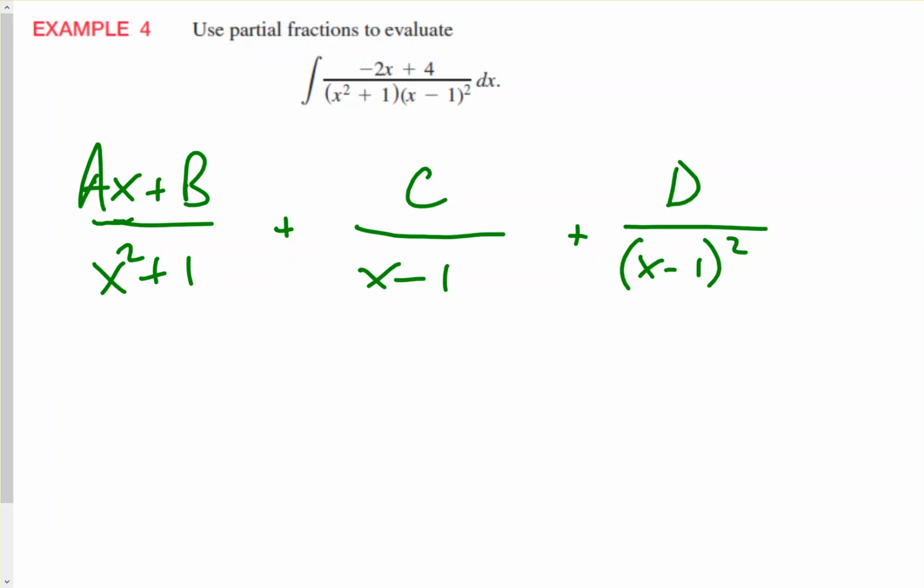All right, so let's go ahead and figure out our common denominator, which will just be x minus 1 squared times x squared plus 1, right? So that means for the one on the left, we have to multiply this by x minus 1 squared.